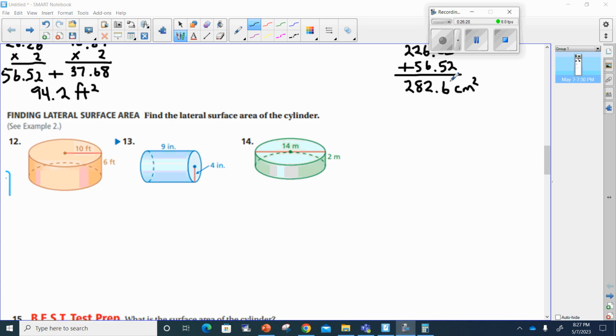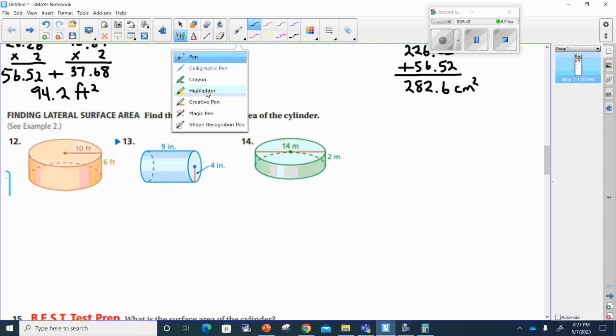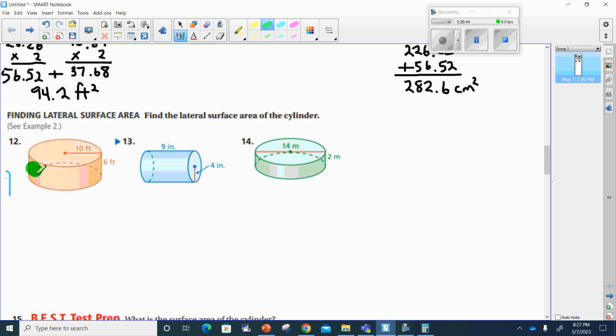First, you need to know what lateral means. It says the lateral surface area, so we're talking about the area of this rectangle. Okay, I guess I'll shade it in to make it kind of obvious. Basically, all of this part. Okay, that's what they're looking for.